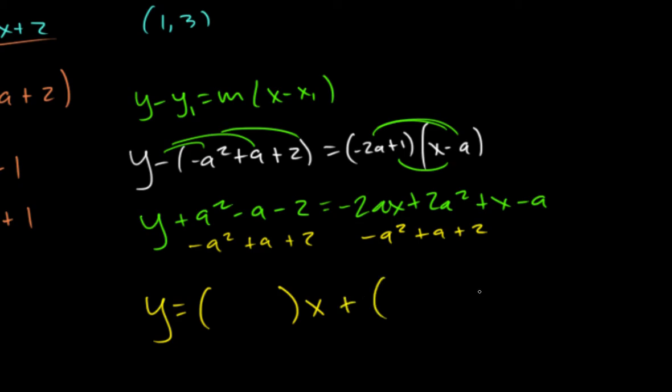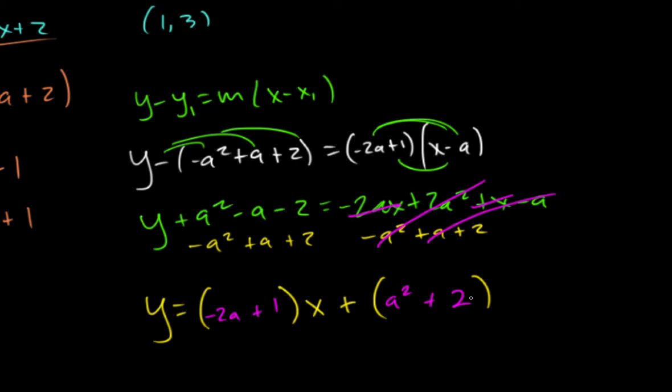Anything that doesn't have an x, I'll put right here. So negative 2a plus 1. These will combine to be just a single a squared. These cancel, and this is just plus 2. Okay, it's not too bad.